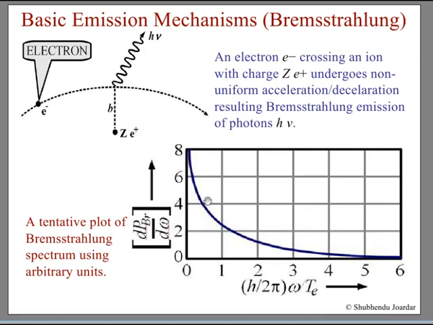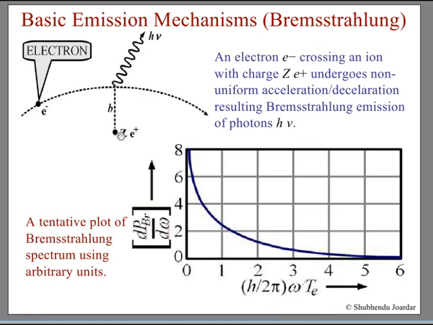Again, this is a more simplified diagram. You can see that this electron passes through this Z. An electron e crossing an ion with charge Ze plus undergoes a non-uniform acceleration and deceleration, resulting in Bremsstrahlung emission of photons.